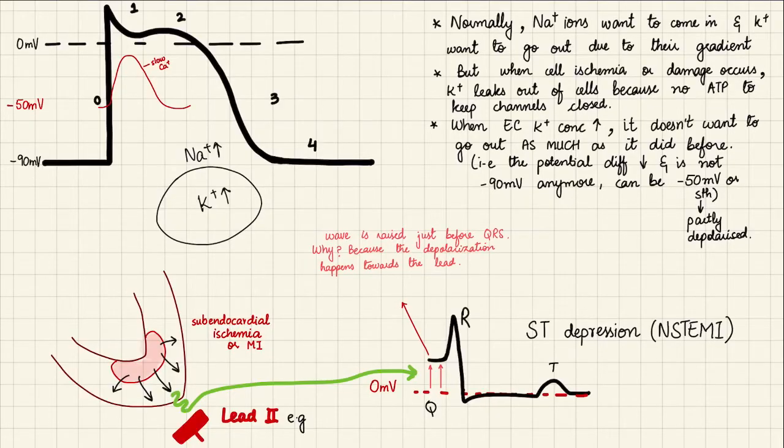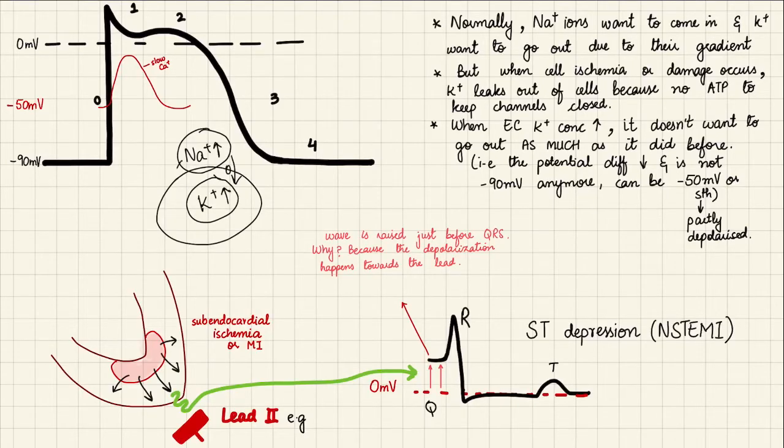There are no sodium channels that allow leakage inside the cell, but there are some which allow potassium leakage even at resting membrane potential, but that is not important. What's important is that we always have a gradient for sodium and we have a gradient for potassium.